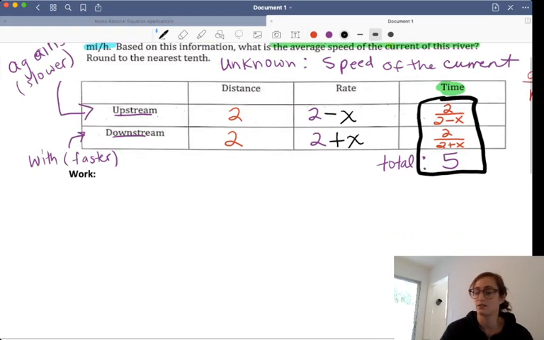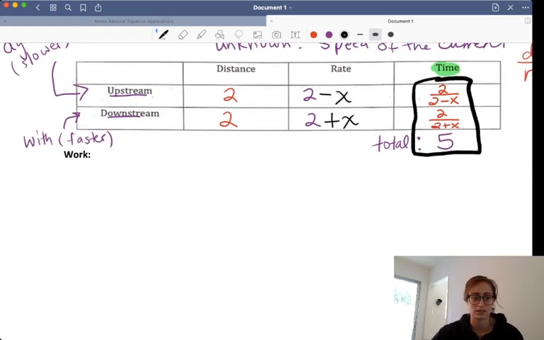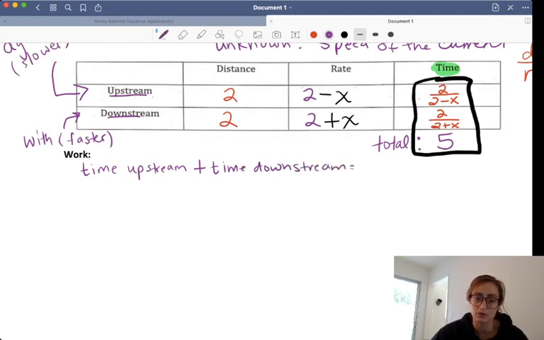So what I'm going to do next is make an equation that says the time upstream plus the time downstream equals the total time. So let's look at our chart.